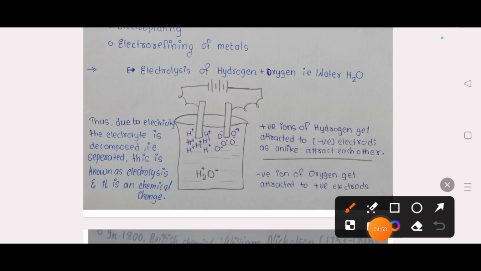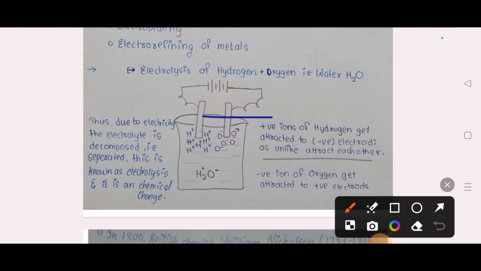Electrolysis of water. What you have to do here is take one container, and in that container pour some amount of water. Now just add 2 copper rods. These are copper rods, also known as electrodes.